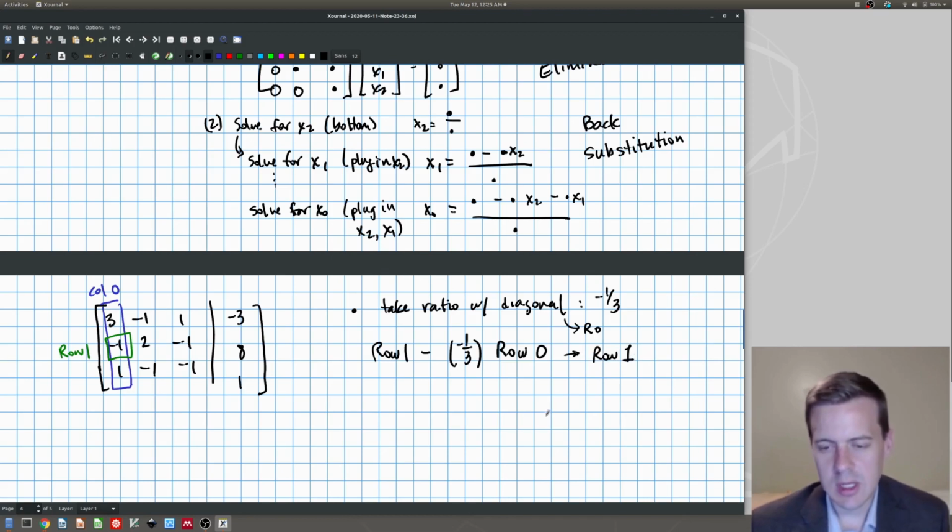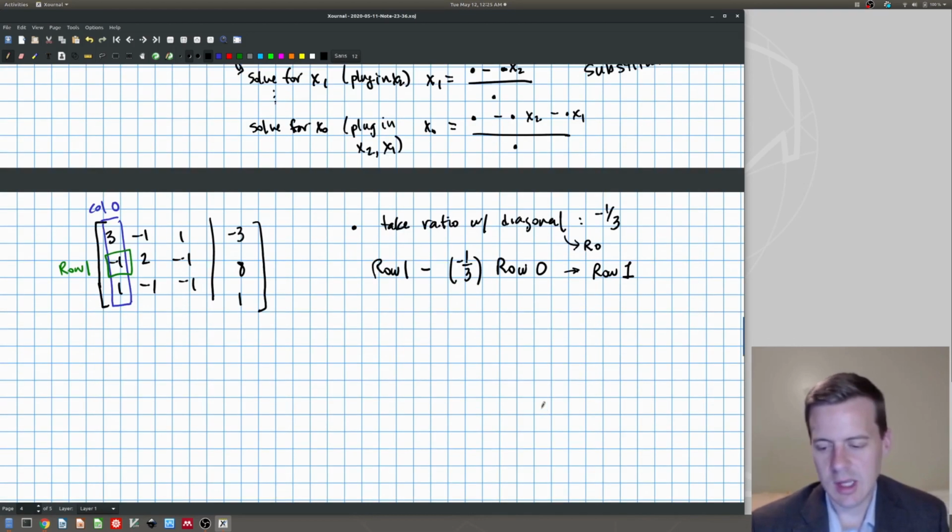Hopefully I didn't bungle saying this, but what that should do is give me a 0 here, and the rest of the stuff is not guaranteed to be 0. What I'm trying to do is start in column 0 and get a 0 in row 1. That's my goal. So let's write that down.